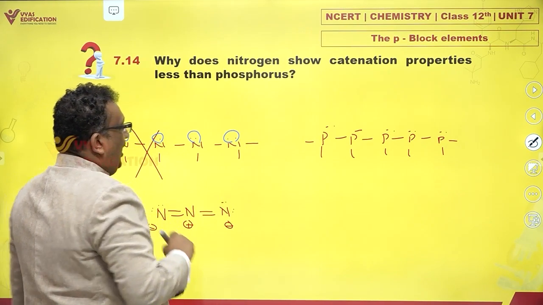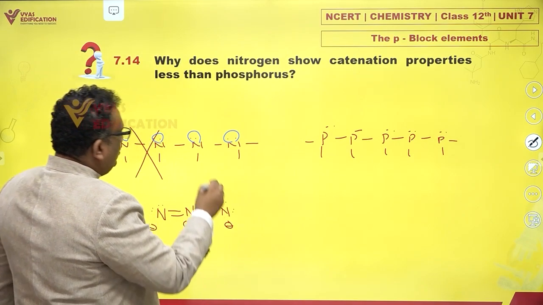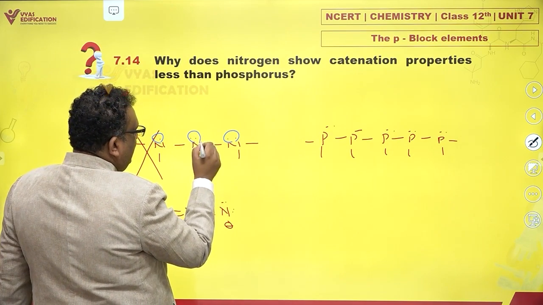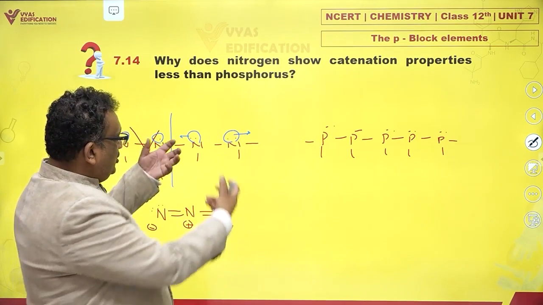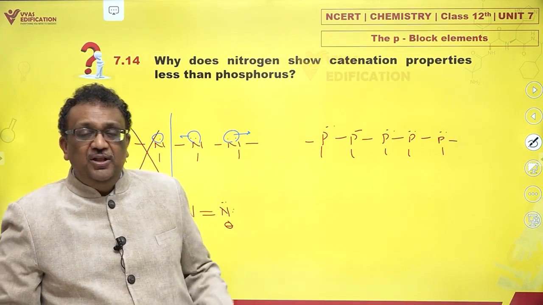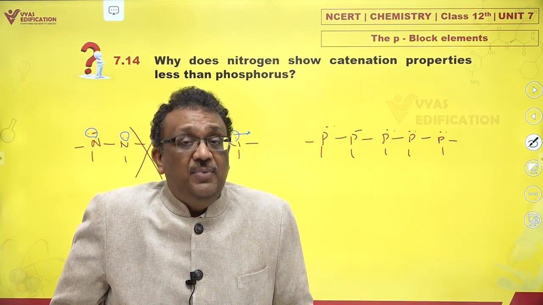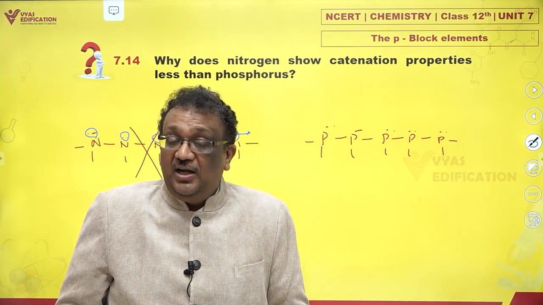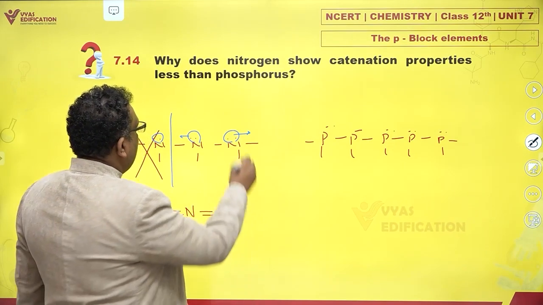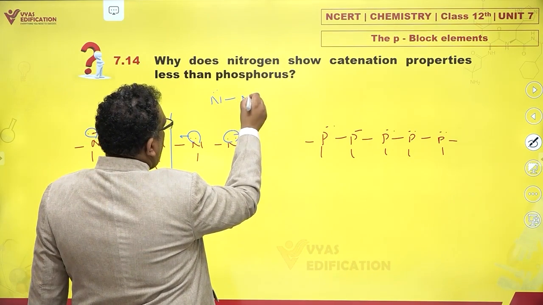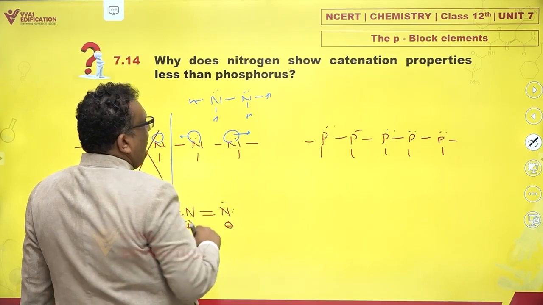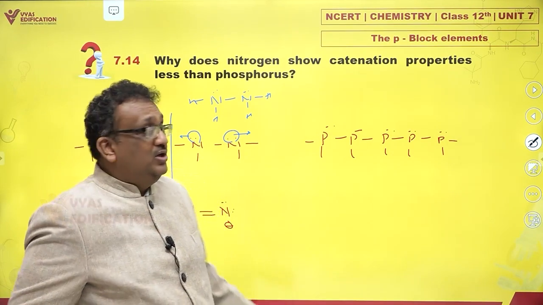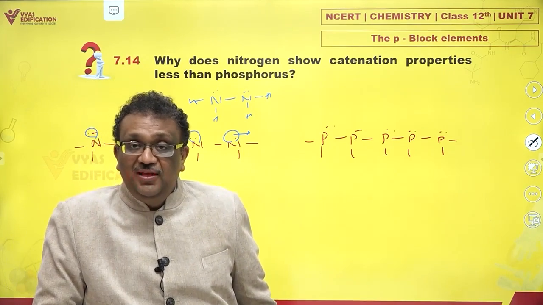Now, if nitrogens are forming a bond, there is a repulsion between these lone pairs. And because of this repulsion, the strength of the N-N single bond becomes very poor. And that is why hydrazine, what is hydrazine? It contains an N-N single bond and H-H like this. Hydrazine is very unstable and very reactive because the N-N bond is very, very weak.